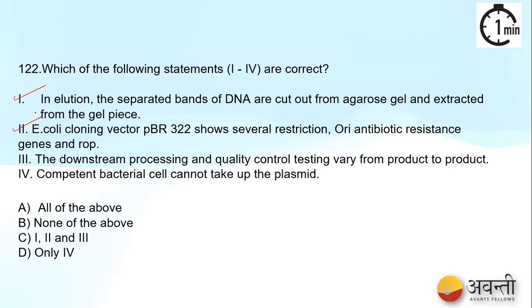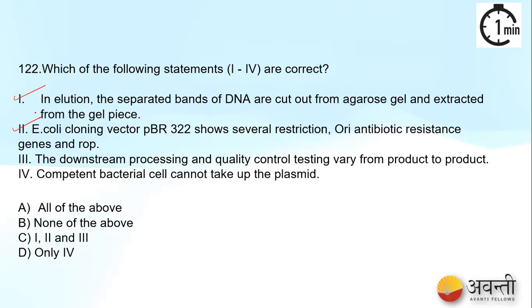The downstream processing and quality control testing vary from product to product. Absolutely true. If you want to purify enzymes, proteins, or any of the bioactive substances, everything varies based on the chemical nature, the organism used, the procedure, and the bioengineering.